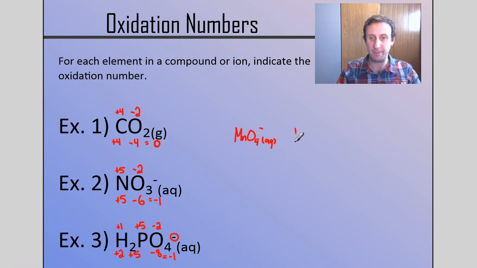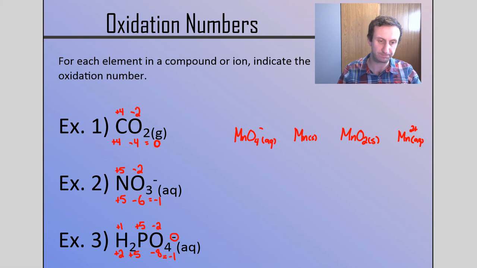I could have Mn solid, and then something like MnO2 solid. And it could ask, hey, what's the oxidation number in all of these manganese atoms? Let's add one more. Let's go Mn2 positive aqueous. Just the straight up ion.